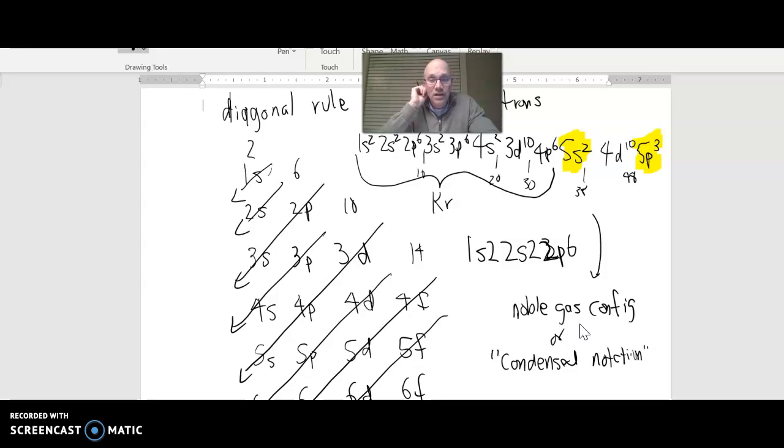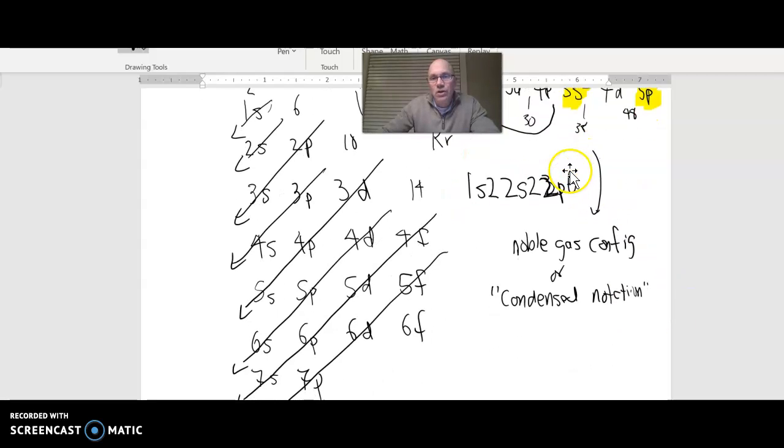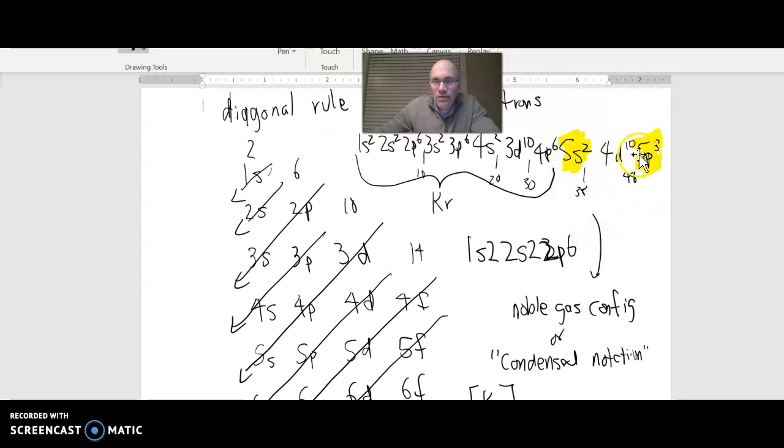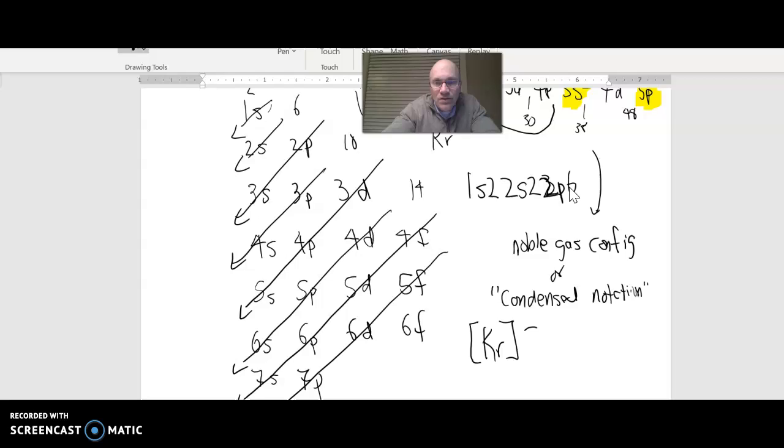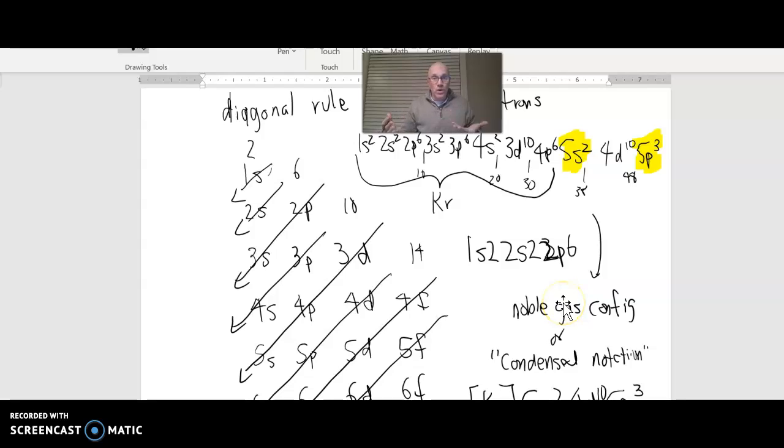That's the noble gas that comes before this. And so this entire configuration could be shortened to krypton with square brackets around it, and then you just write what comes after that, starting with 5s2, 4d10, 5p3. So make sure that you're paying attention to what exactly the question is asking for.